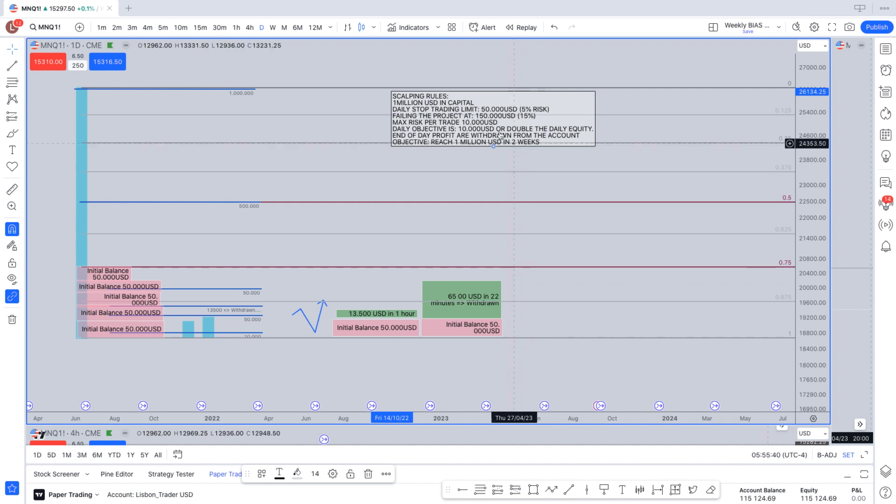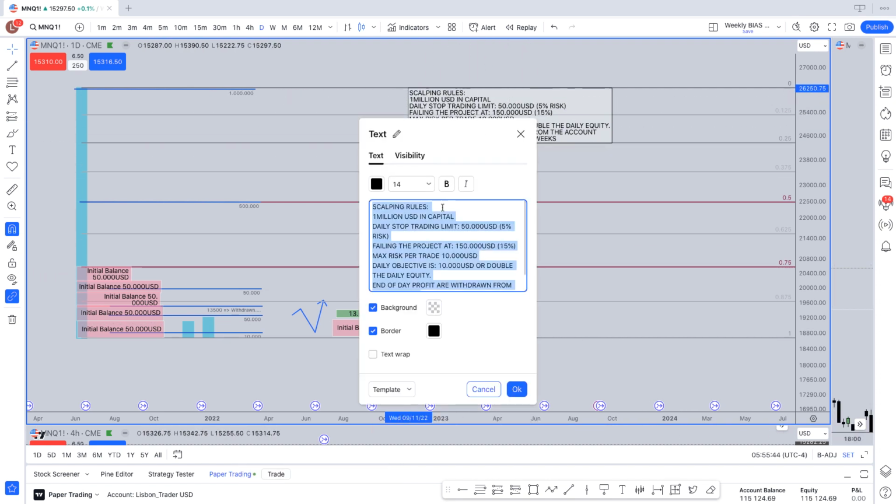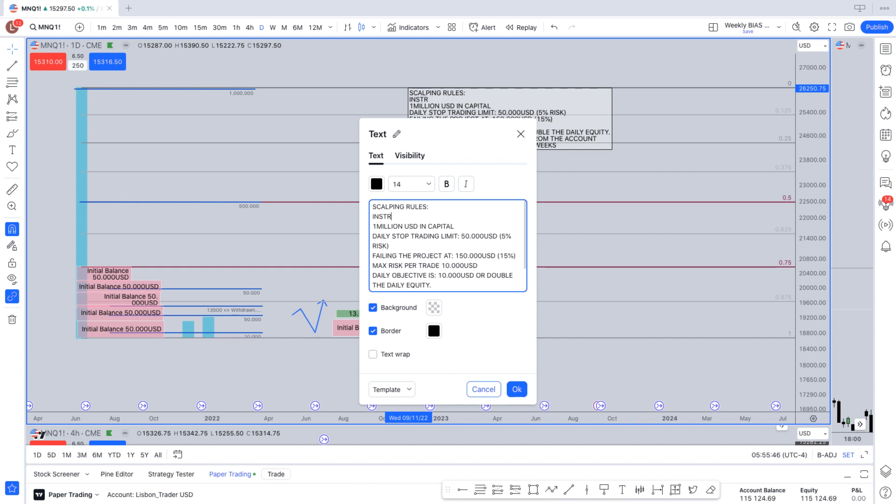Okay, so scalping rules. Instrument: we'll use MNQ, not minis but micros.